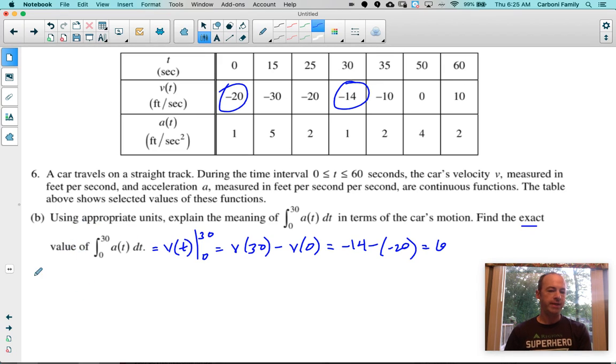Now to explain the meaning of that, so 0 to 30 of a of t, what we ultimately did when I evaluated that, I subtracted the values of the velocity. So this is the change in velocity.